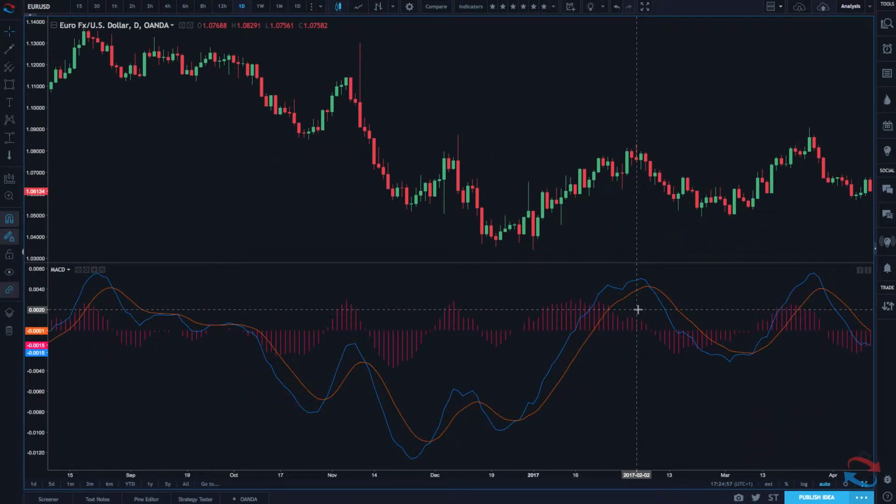Now the MACD is a lagging indicator, so it's telling you what's happened in the past. It's not necessarily trying to predict what's going to happen in the future, although traders will try to use the MACD to predict what is going to happen, but it's a lagging indicator.